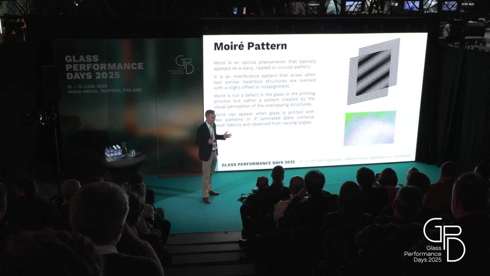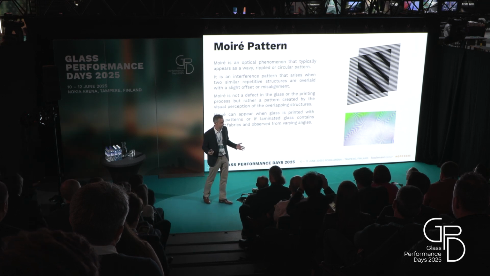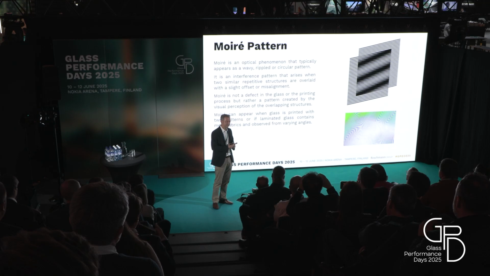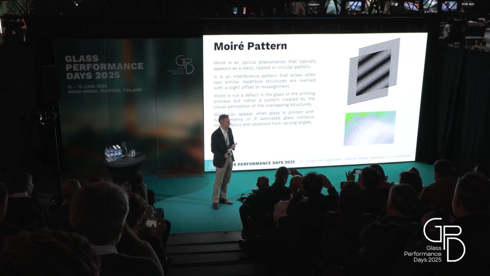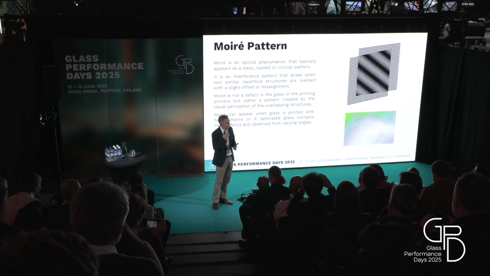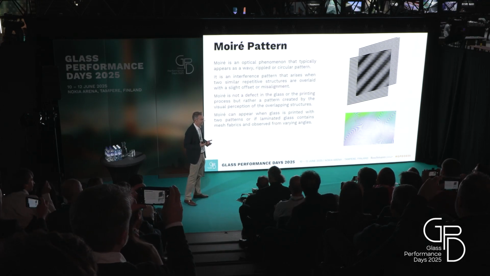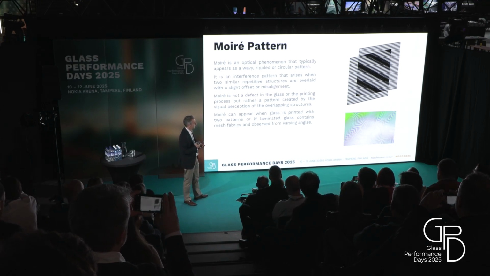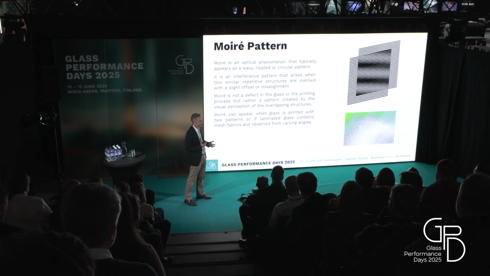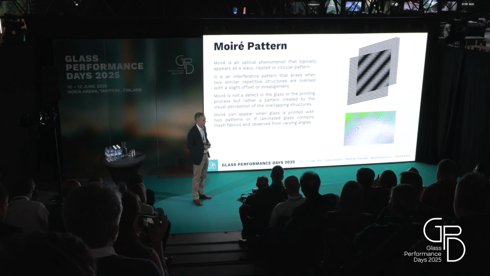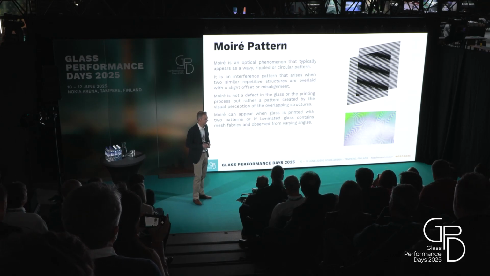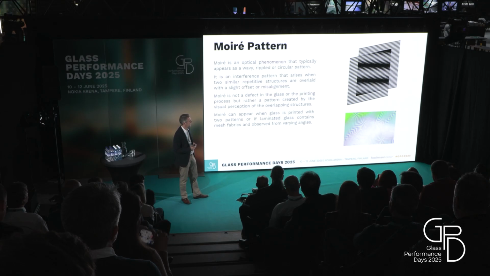So moiré pattern is interesting because it's not really a defect in the glass, right? It's more like a visual perception of what we see as an interference pattern, which arises when two similar repetitive structures are overlaid with a slight offset or a misalignment.